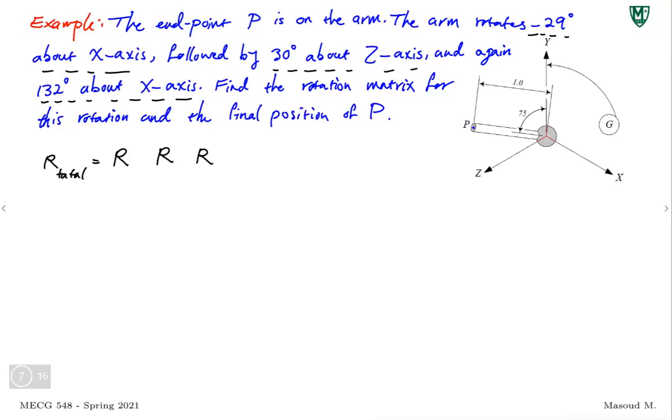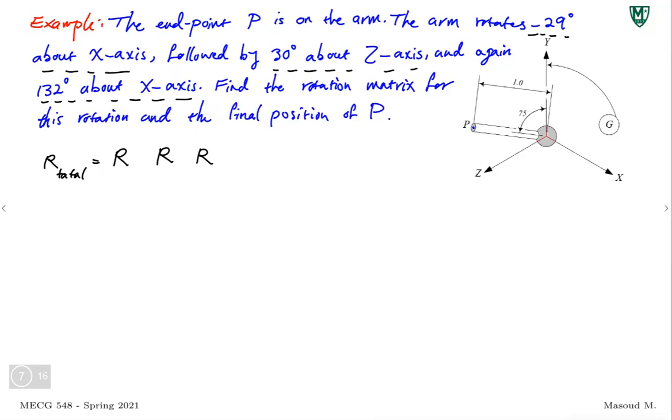Now referring back to what I just said, we start from the final rotation. That would be the first matrix. Why do I keep emphasizing this? Because I've seen a lot of mistakes happen here, so I keep telling you to remember.